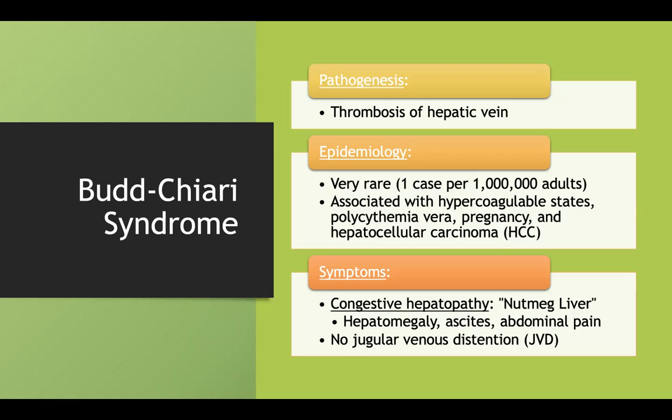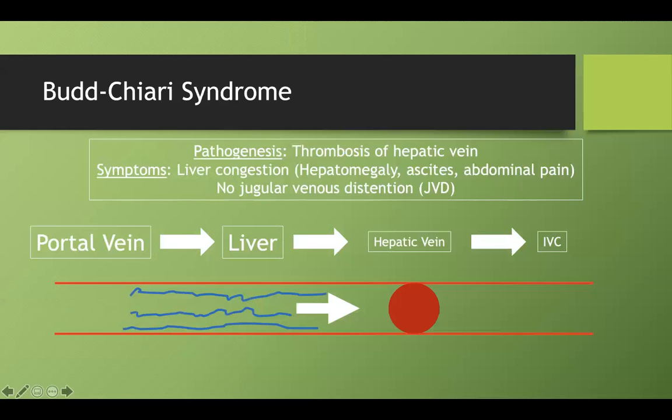What can happen here is that in Chiari syndrome, you don't get something called jugular venous distension, or JVD. Jugular venous distension, as the name suggests, is distension of your jugular veins. That's going to happen when any of your veins are congested.